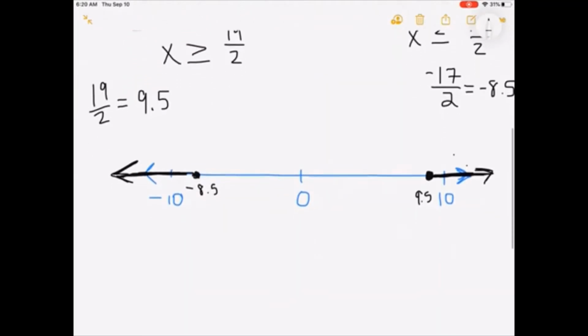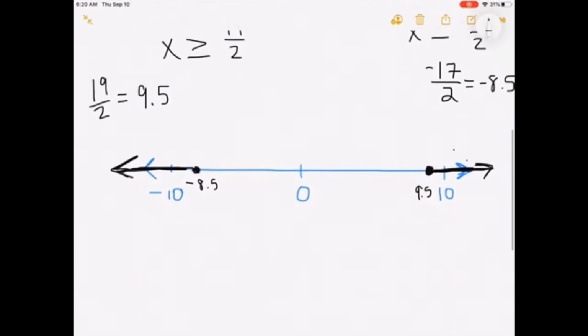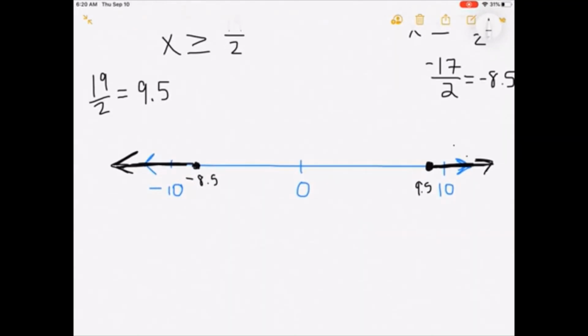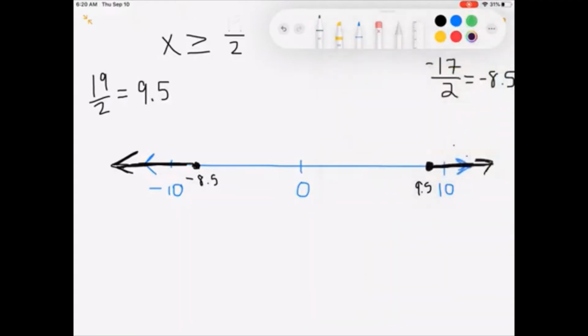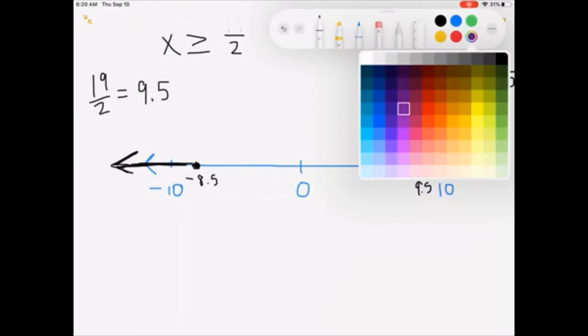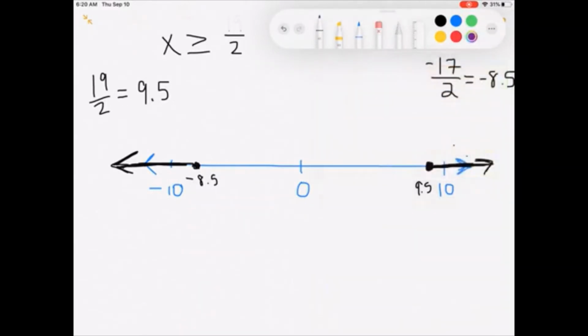And finally, we want to write our answer in interval notation. Right. So since there's this jump, now I want to write my answer in interval notation, using our brackets and parentheses to indicate the solutions of x.